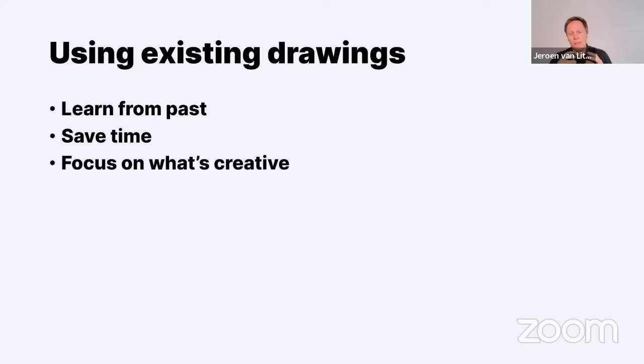And maybe residential floor plans is just something which is less creative than, for example, doing a really crazy facade. So I felt like, if we can use these existing drawings in a clever way, then we can become better architects, and we have more time for real creativity. So I thought it was a very interesting idea.